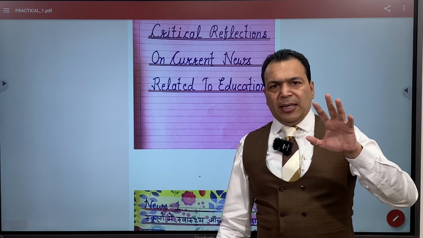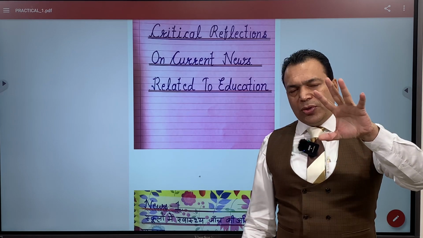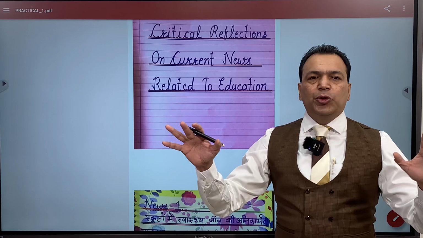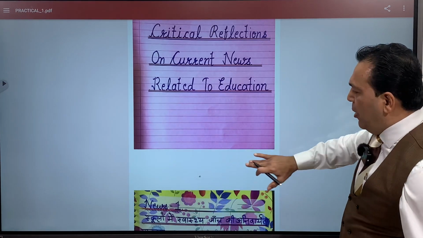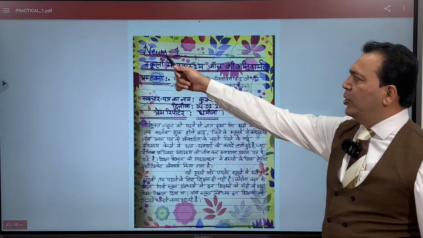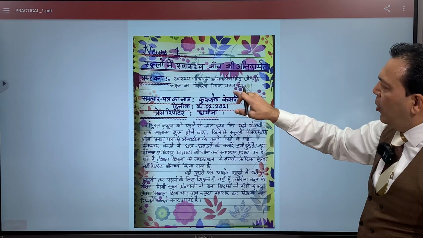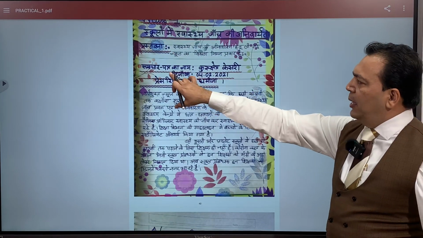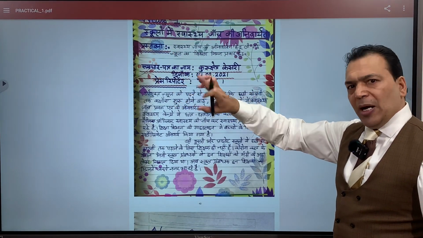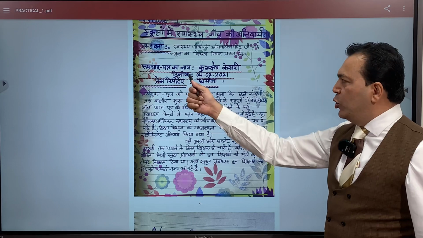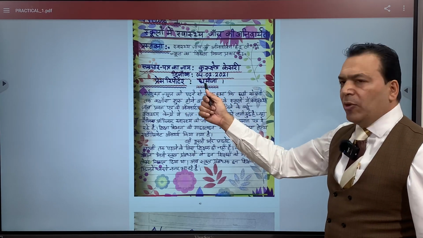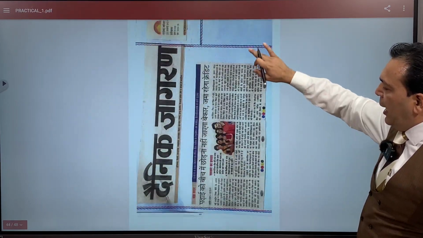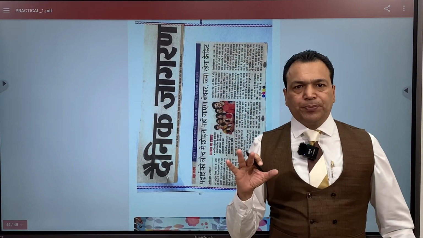And last, reflections of 5 activities, meaning 5 news items. You have to select any education news from any newspaper and mention it. Okay. For example, this guy has selected, look, news 1. He has selected it from a Hindi medium paper, so he has written the paper name. You have to mention the newspaper name, okay, and the name of the press reporter and what that person says. Okay. And you have to put the cutting also.